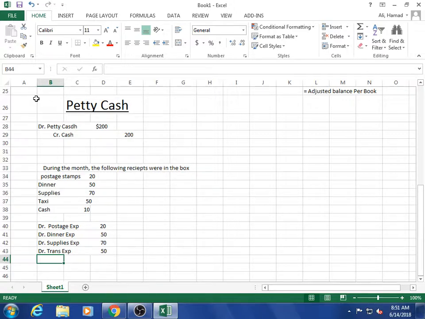We're going to take out the total of these, 190. Why didn't we put 200? Because we didn't spend too much. So we're going to credit cash for 190.